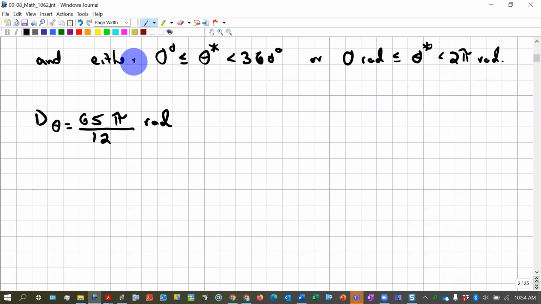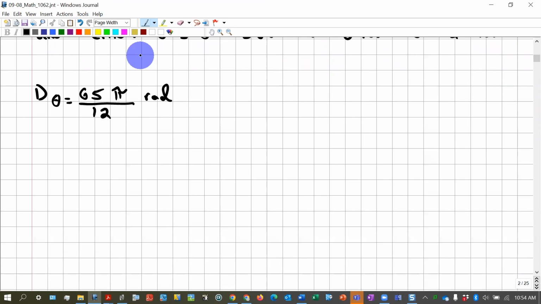There's a couple of ways to find that estimated integer number of times. We're going to have to subtract or add a negative amount of 2 pi radians.